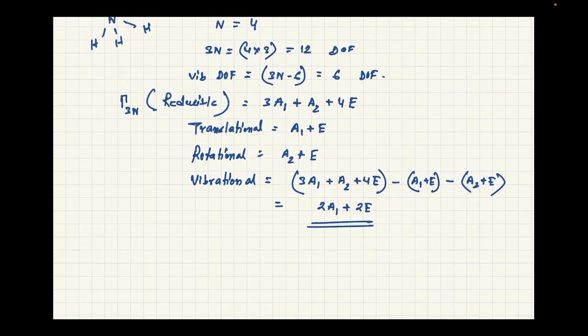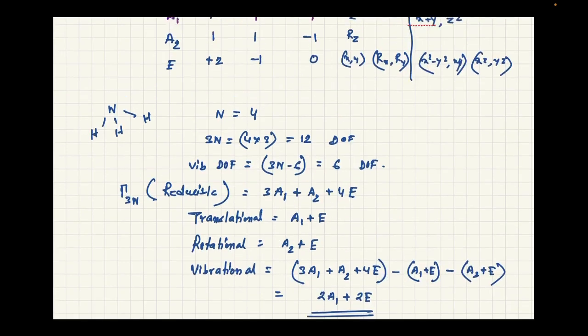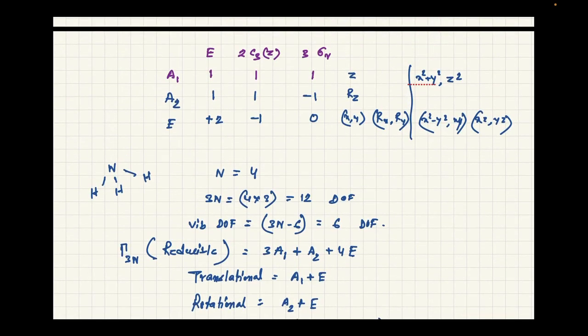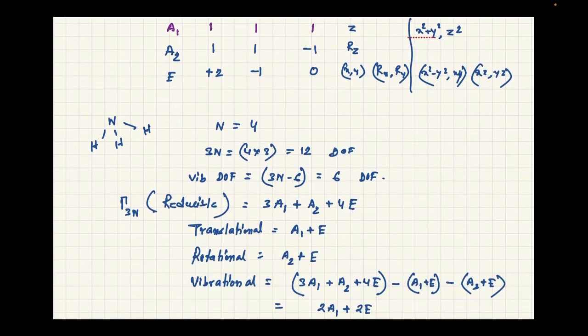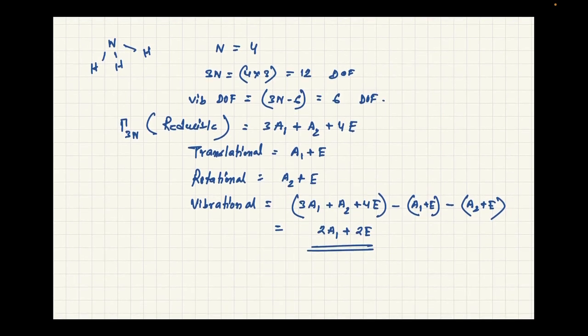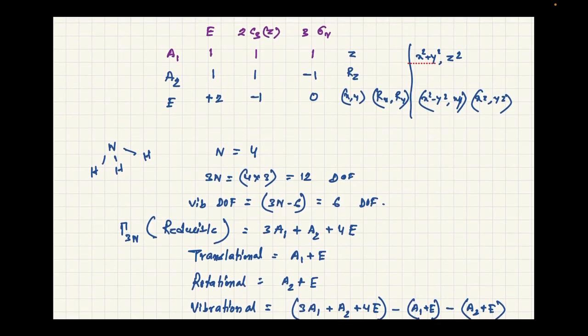Okay, now we have to find out which of these A1 and E representations will be Raman active. The condition for a Raman active vibration is that the irreducible representation of the vibrational normal mode has to be equal to the irreducible representation of the matrix element of the Raman polarizability tensor, which is a quadratic function of x, y and z, right?